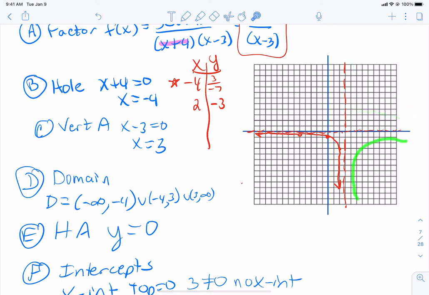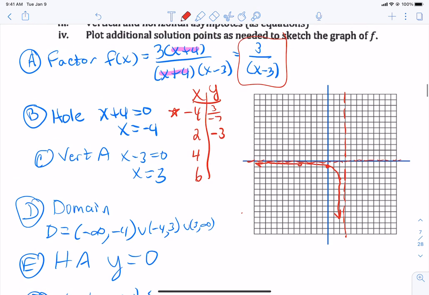But it could be there. So let's get at least 1 or 2 points that's hanging out over here. And so this is at 3. So let's plug in 4. Let's plug in 4 and 6. Why not? Again, they're totally your choices. If you plug in 4, you get 3 over 1 or 3. If you plug in 6, you get 3 over 3 or 1.